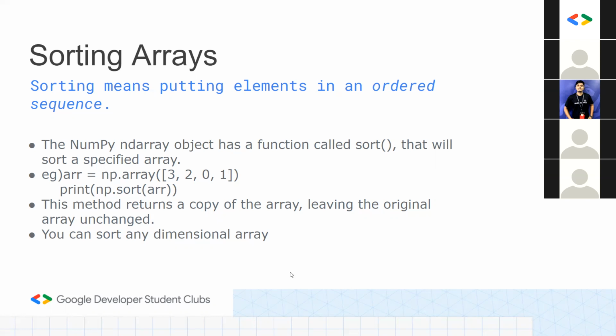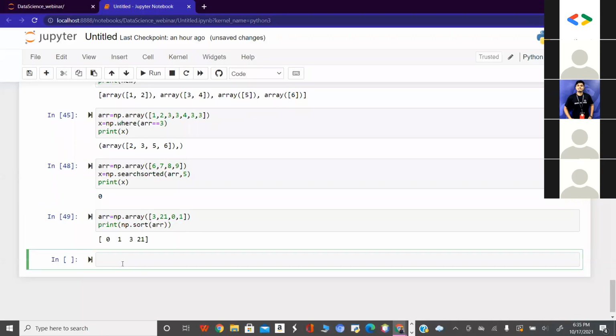So let's consider a string array where we have array as, and then we pass in some strings. Let's say apple, the fruits, banana, and mango, and apple.